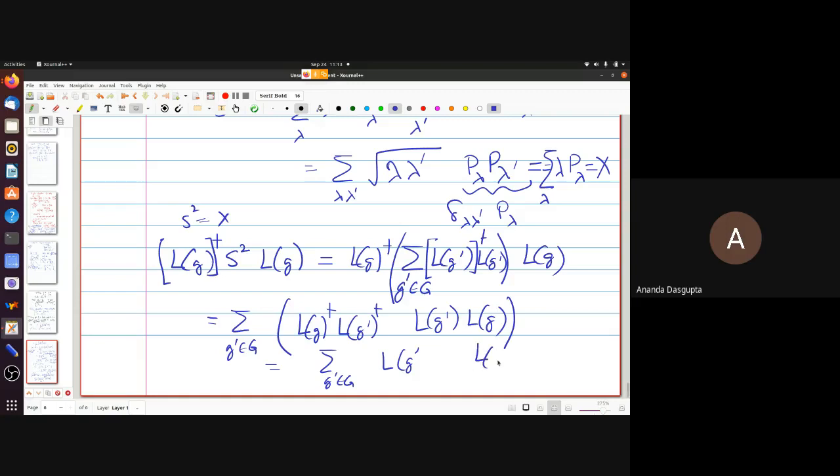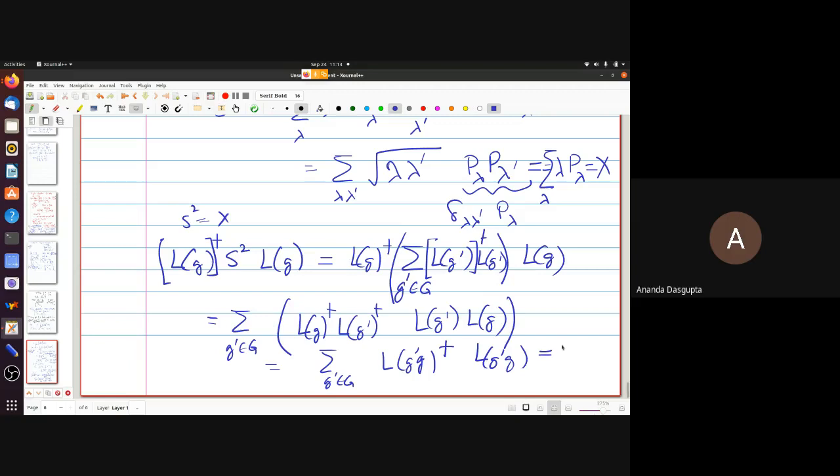So this, of course, is LG prime G, the product of these two things in the back, right? But the first two things, LG dagger, LG prime dagger, in the opposite order, is actually the adjoint of the product of these two. So LG prime G dagger. Is this okay?